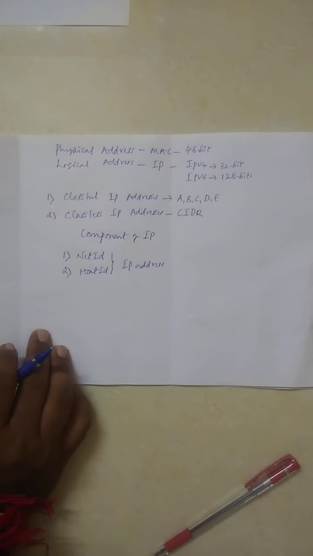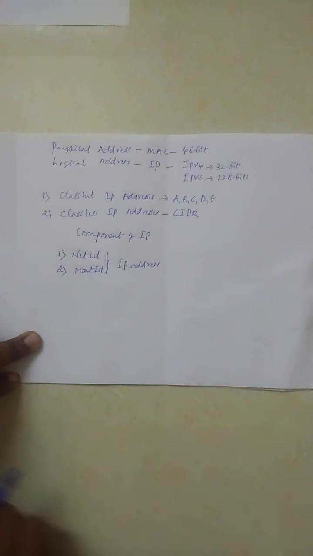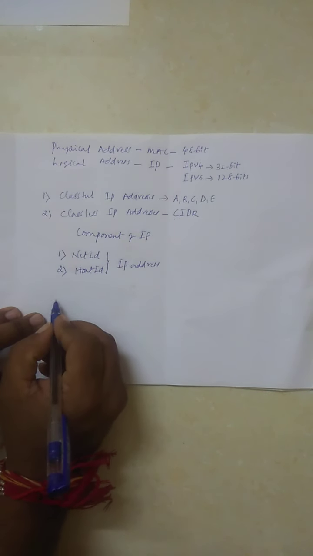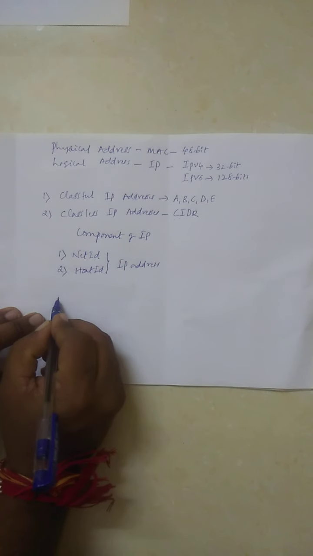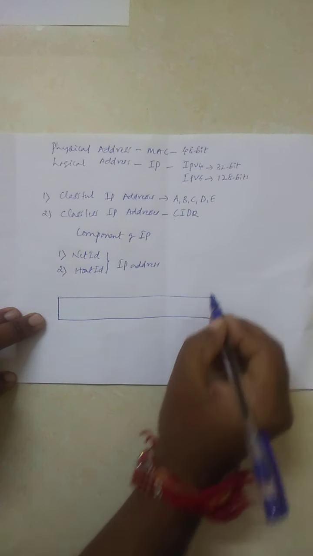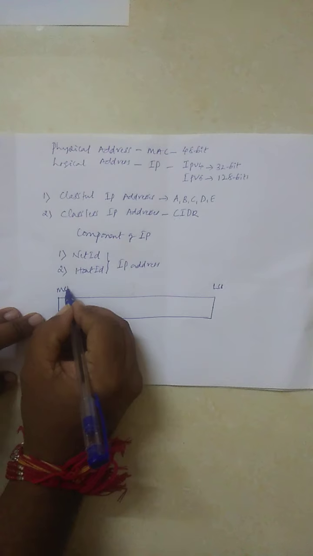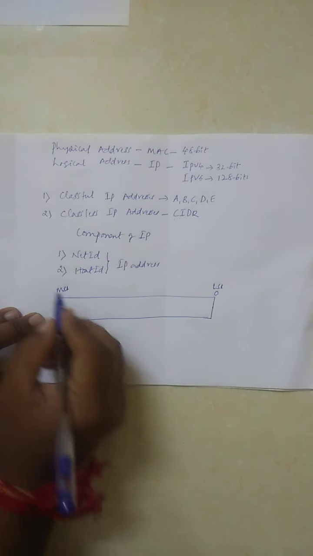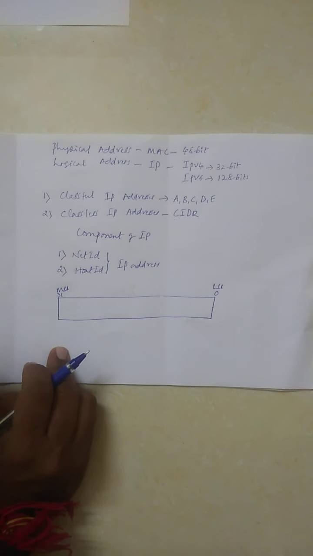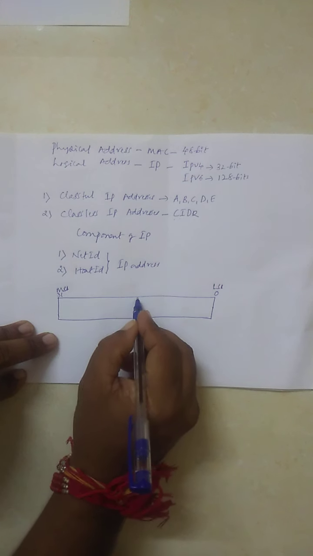These IP addresses are represented in dotted decimal format. As you know, our IP address is of 32 bits. This is our LSB and this is our MSB. LSB starts with 0 and MSB ends with 31, so total 32 bits.